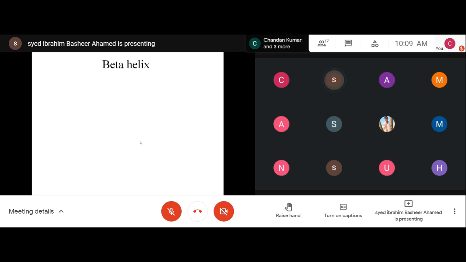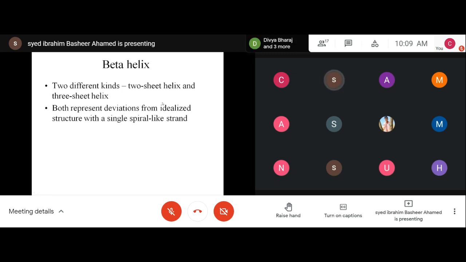But what is this beta helix? Generally there are two different kinds of beta helix. This beta helix is formed with two sheets or with three sheets, and these are the generally found beta helices.